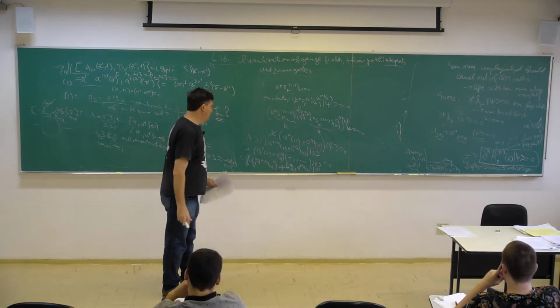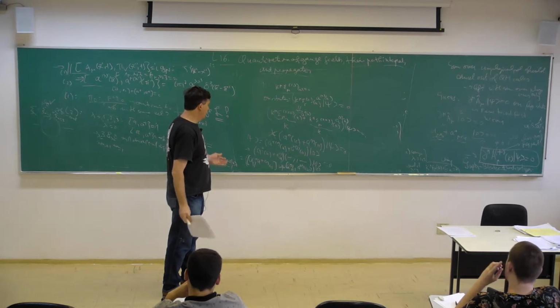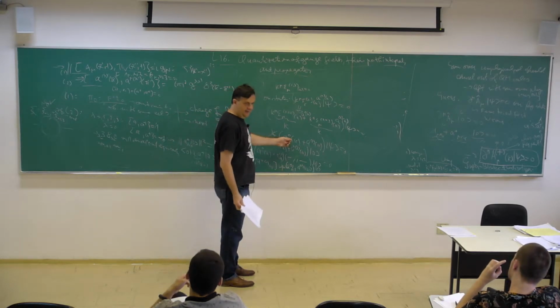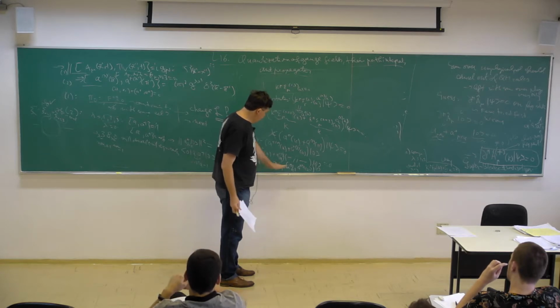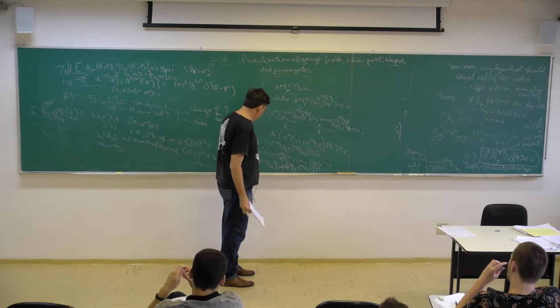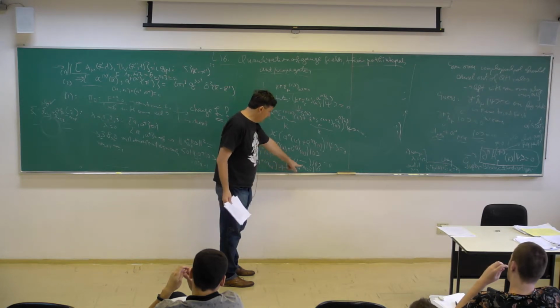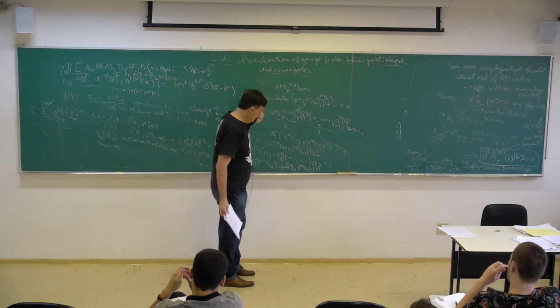Okay? So the condition. I chose this state because I know it's a physical state, but now we're checking that this equation is true: that the commutator of A0 with A dagger 0 plus the commutator of A3 with A dagger 3 is actually 0.